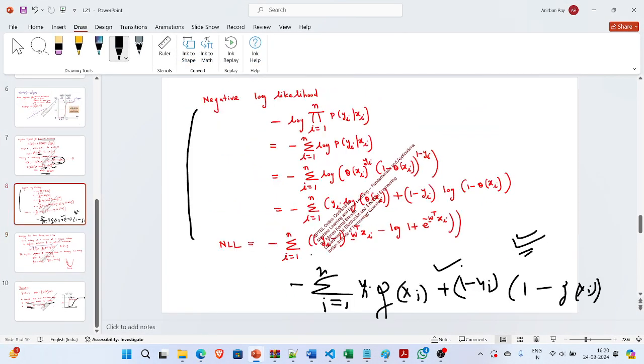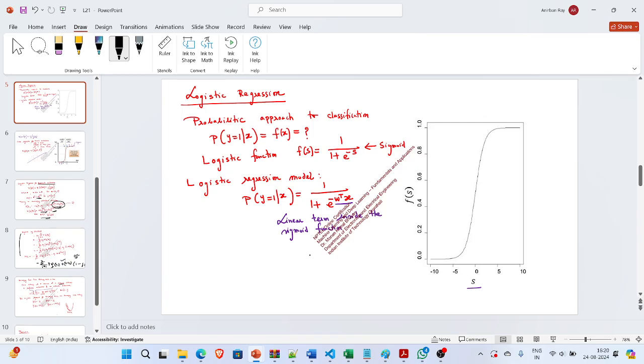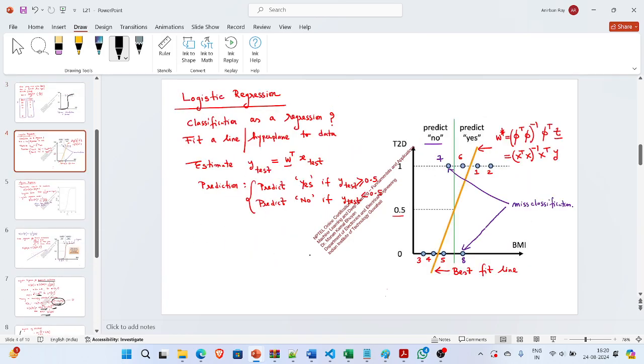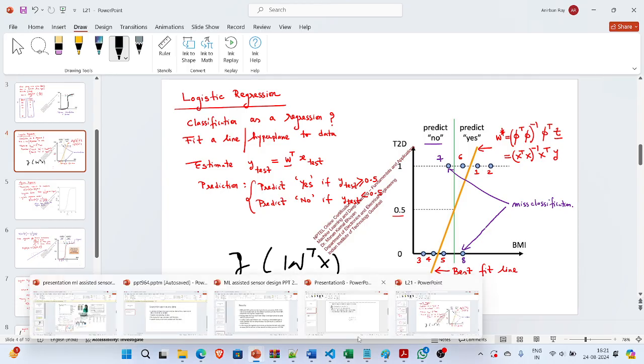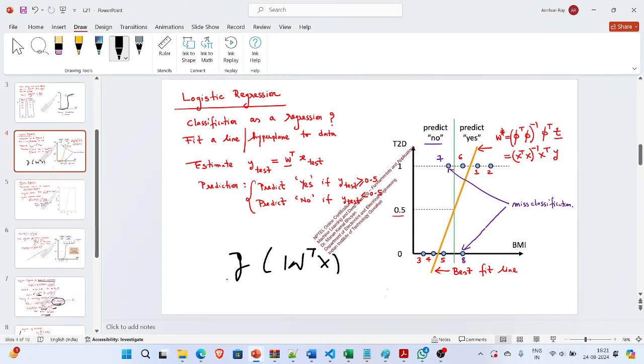So we take sigma, suppose G, G of W transpose X. What was the point? Actually, I forgot myself. So we are using this non-linearity.